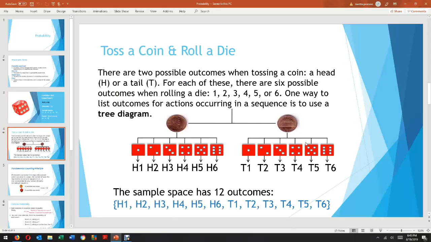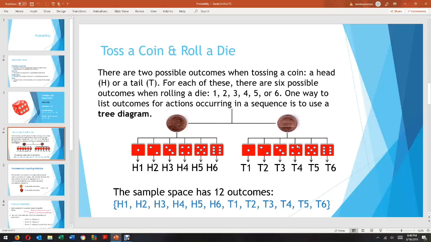Let's consider doing 2 things in sequence, tossing a coin and rolling a die. And this is typically how experiments are set up. There are 2 possible outcomes for tossing a coin. You could get a head or a tail, and I've pictured those in this tree diagram. Now, for each of those, there are 6 possible events that could pair with those.